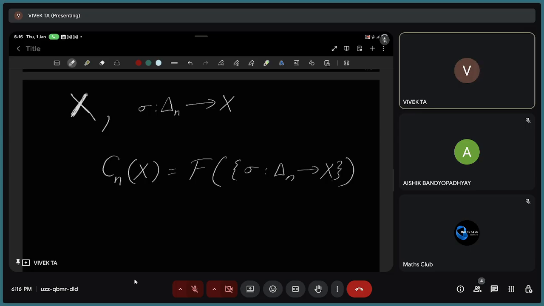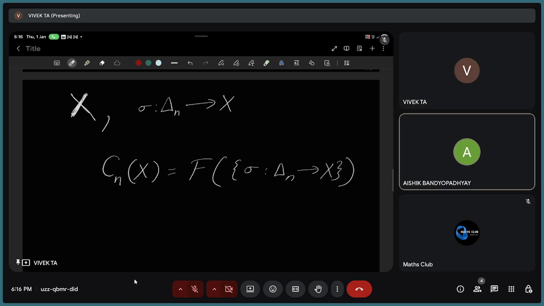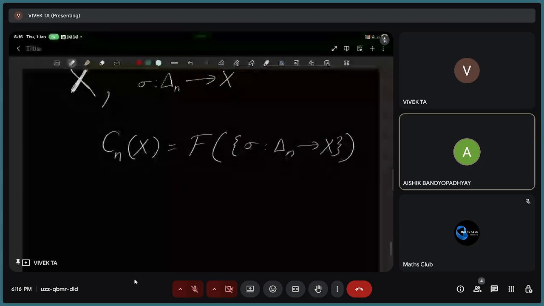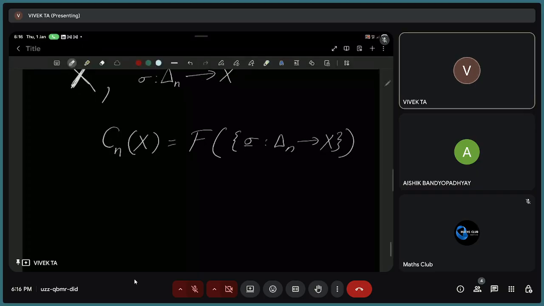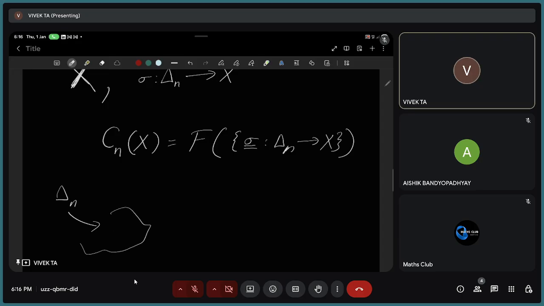Did you get it? Once more, please say this: all the n-dimensional triangles in X, how are we getting them? Taking a map from delta n to X is essentially taking delta n and somehow embedding it in X. So if it was delta 2, it is essentially embedding a triangle in X, right?